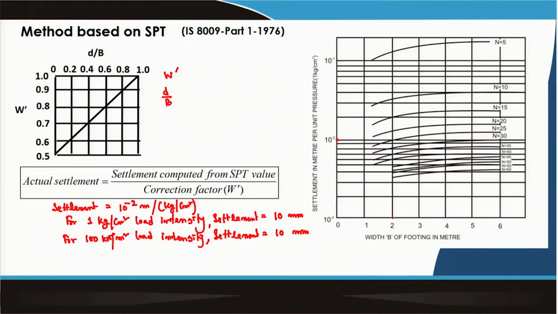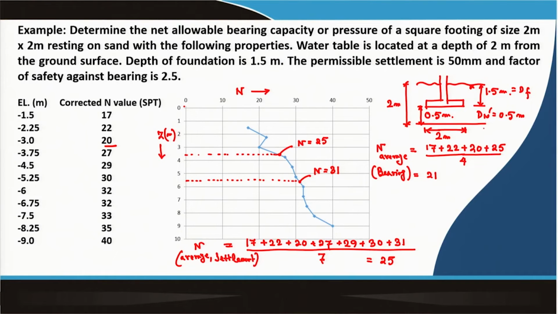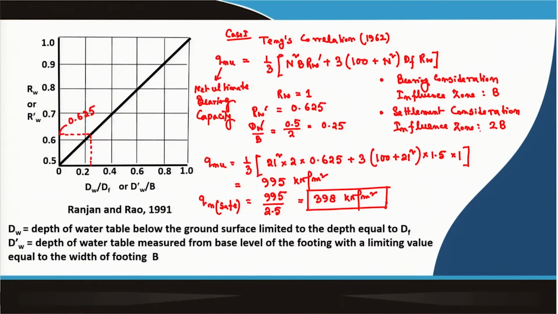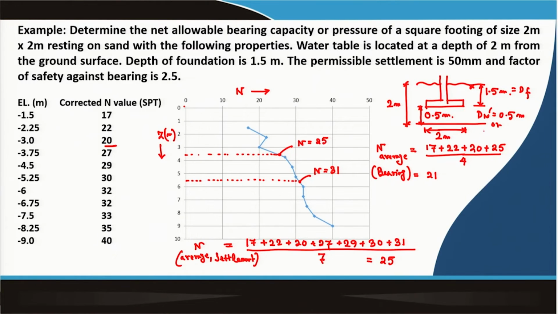D value is the water table position from the base of the foundation. So, here we can write Dw, or small d also, this is equal to 0.5 meter. Okay.